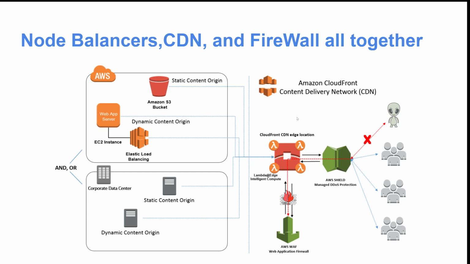So as you see here, basically we have the whole idea about web application firewall and shielding, so the attacker cannot access your data, right? For instance, an attacker comes, goes to the web application firewall, and gets blocked, right?